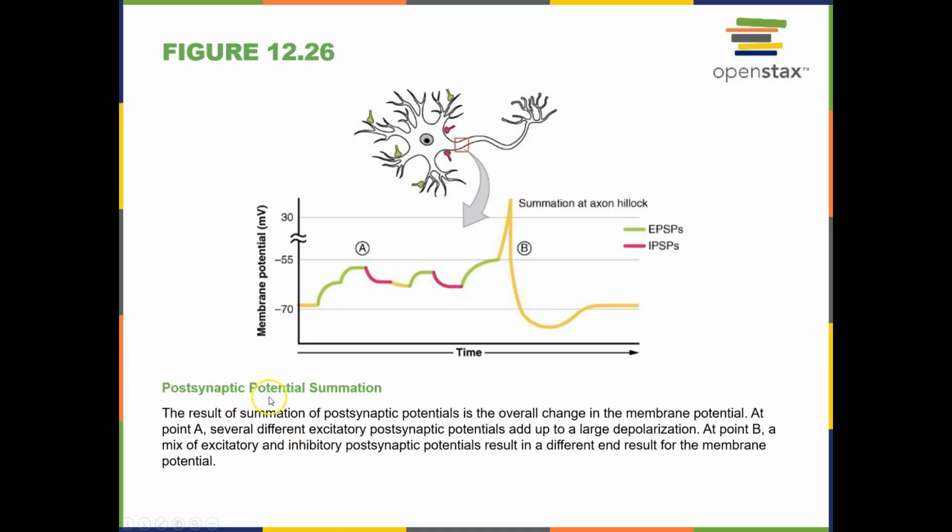And so postsynaptic potentials can be additive, like I said, and eventually, if you have enough positive ions moving in through these dendrites, it can actually influence or cause an action potential to occur.